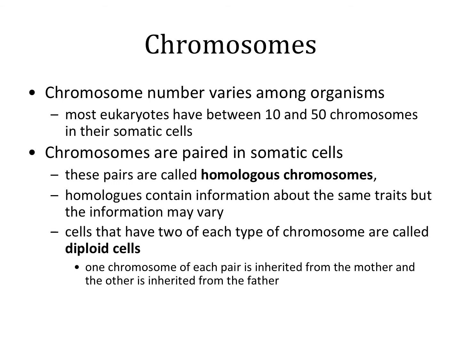So the chromosome number that you have varies amongst organisms, right? I told you the value of N was specific to the species. And most eukaryotes range anywhere from 10 to 50 chromosomes, okay? What we're talking about right now is another vocabulary word that we refer to as somatic cells. We want to hold on to that one because somatic cells will be found in both males and females.